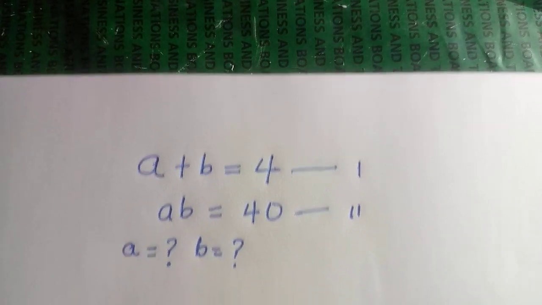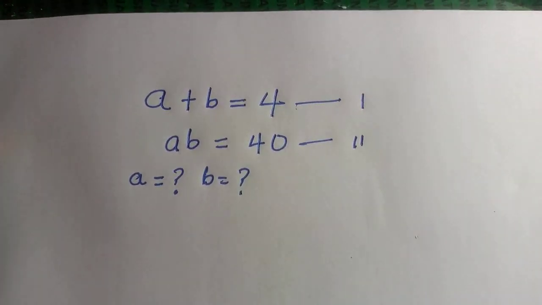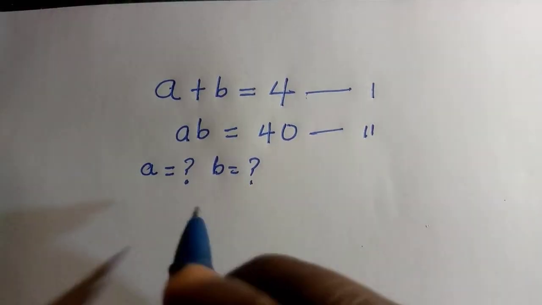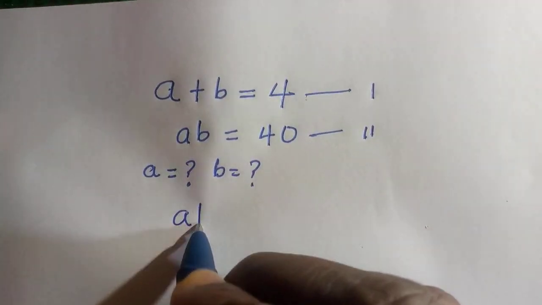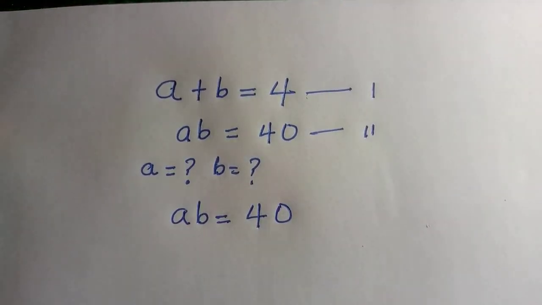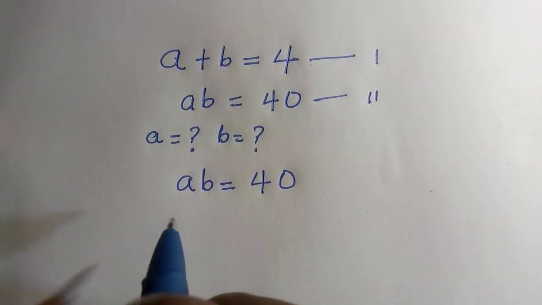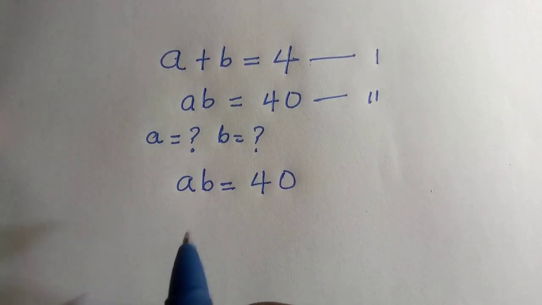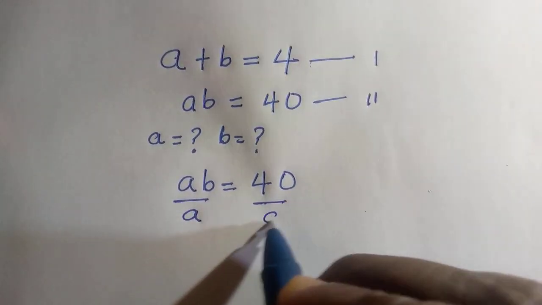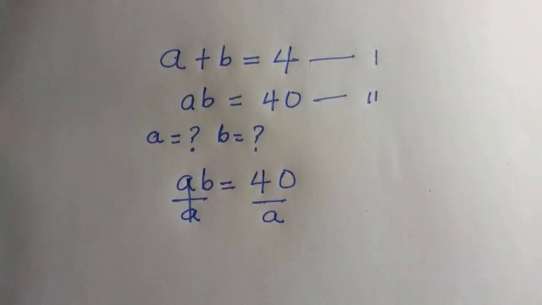We can start from either equation 1 or equation 2. Suppose I start from equation 2, which is ab equals 40. By making b the subject of the formula, we divide both sides by a and cancel a.